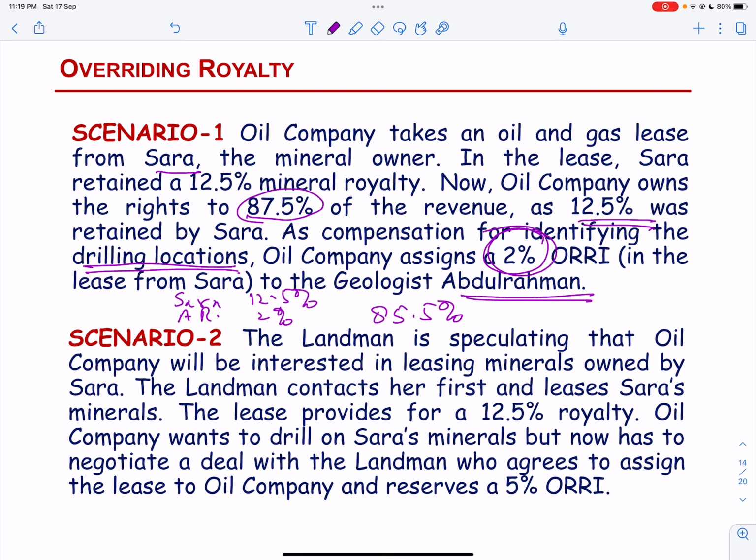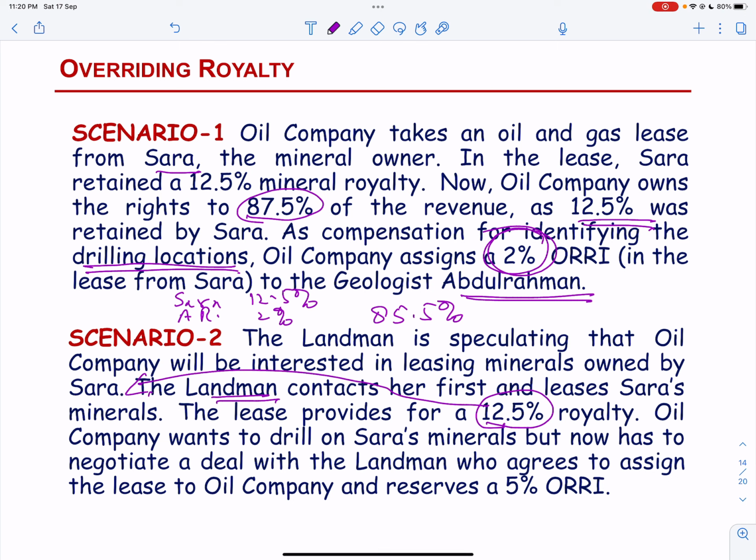Let us look into one more scenario. The landman is speculating that an oil company will be interested in leasing minerals owned by Sara. The landman, before the oil company, contacts her first and leases Sara's minerals. The lease provides for a 12.5% royalty, and this will be given to Sara.